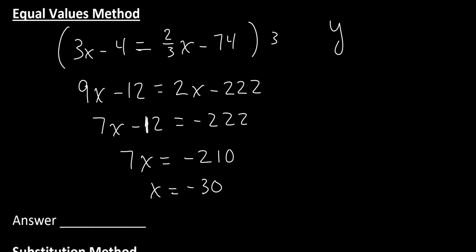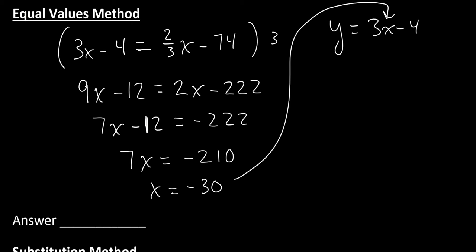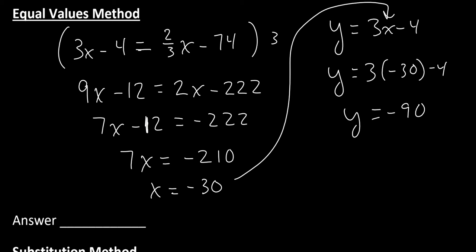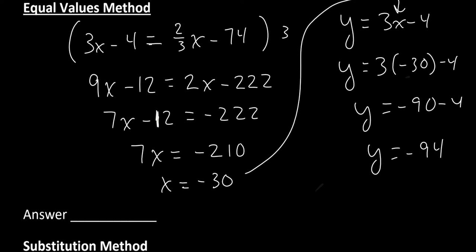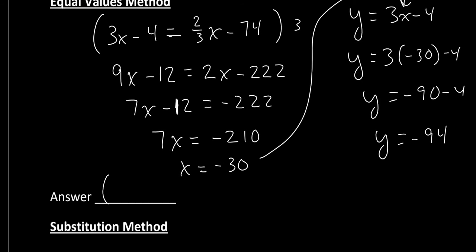It says that y is 3x minus 4, but playing the role of x is going to be negative 30, so y is 3 times negative 30 minus 4. y is negative 90 minus 4, so finally y is negative 94. So I believe that my solution is x is negative 30 and y is negative 94.